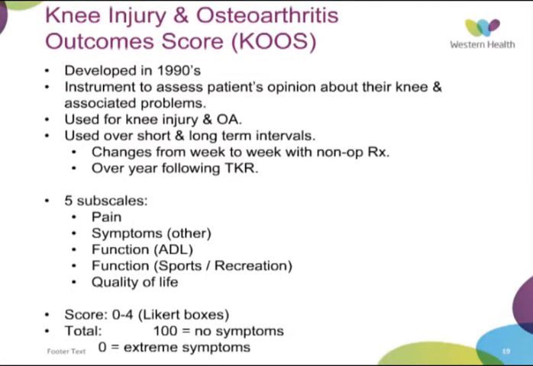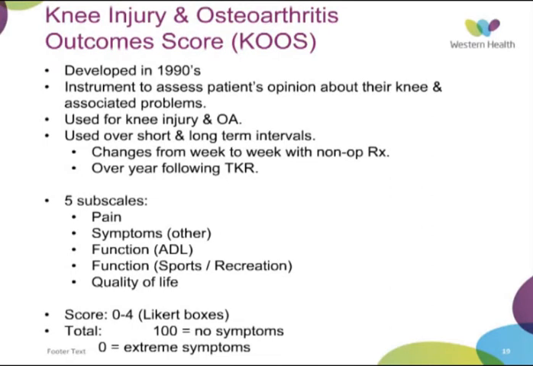It's used for knee injury as well as osteoarthritis, and it can be used over short and long-term intervals. So you can look at changes from week to week with regards to any sort of non-operative treatment that they may undergo, or over a period of years with regards to post-joint arthroplasty.